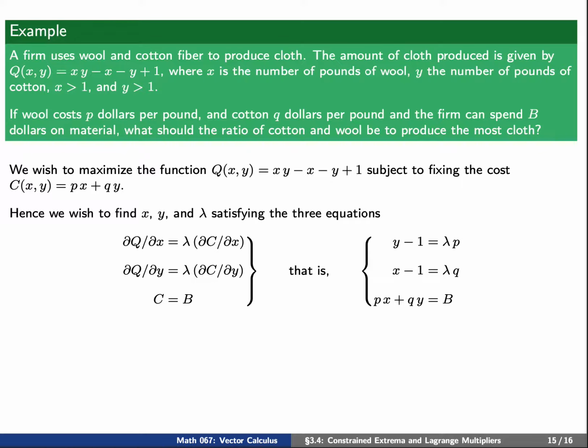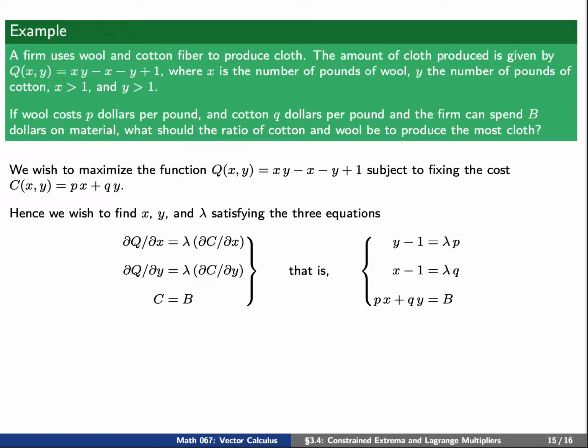Well, the partial of q with respect to x is y minus 1, and the partial of c with respect to x is p. So one of our equations is y minus 1 must equal lambda times p. Similarly, we'll find that x minus 1 must be lambda times q, and since we have to have a constraint on the cost, we see that px plus qy equals b.